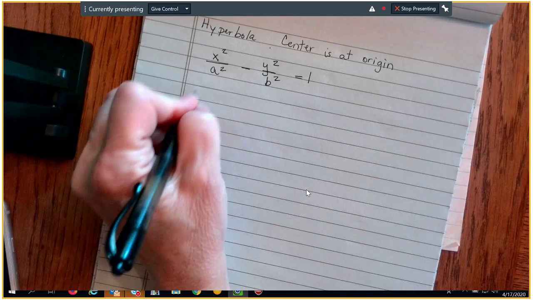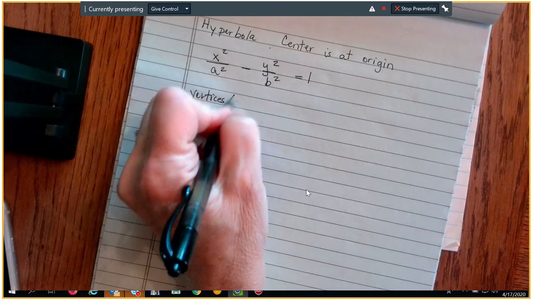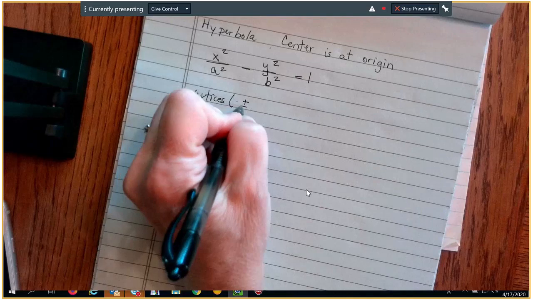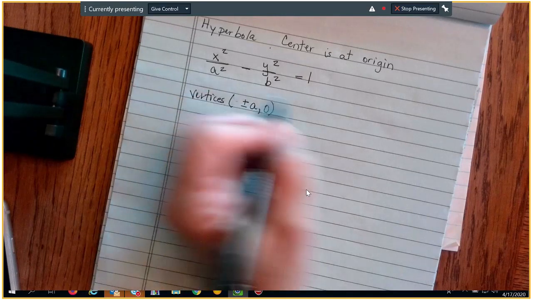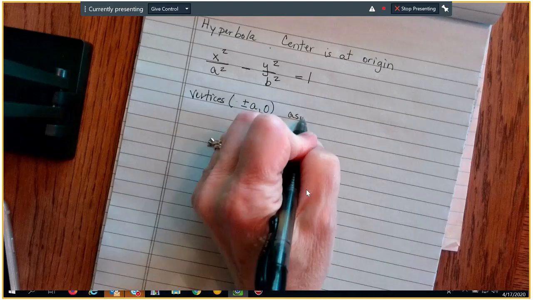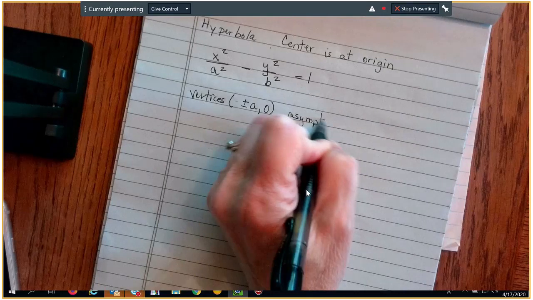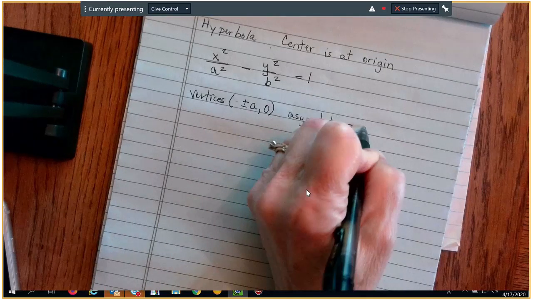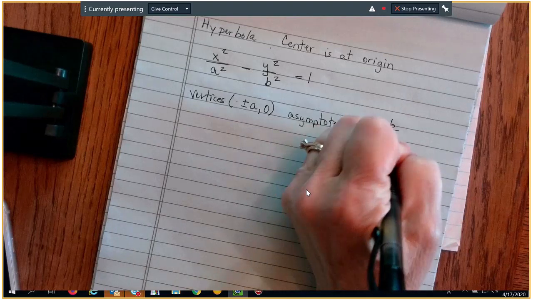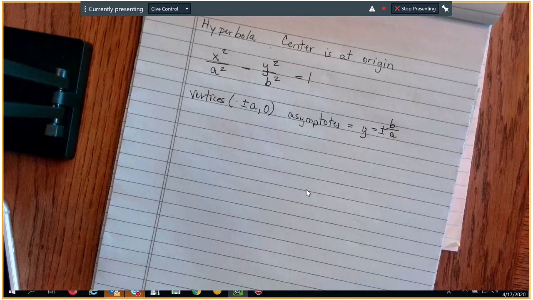And the vertices are at positive and negative a, 0, and then your asymptotes are going to equal y equals b over a, and that's also going to be a positive b over a and negative b over a.